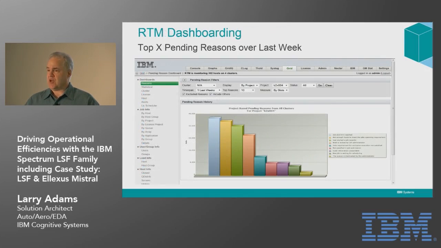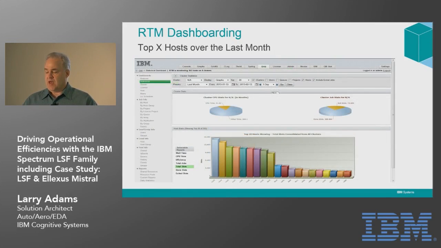So just a couple screenshots. I'm going to go quickly over this. Here we're showing top X pending reasons over time, so you know what's been pending in the cluster, where your blockage is, what's slowing down job scheduling. We have top X hosts, and we can report on multiple dimensions about which hosts are getting the most jobs, how efficient are those jobs, those kinds of things.